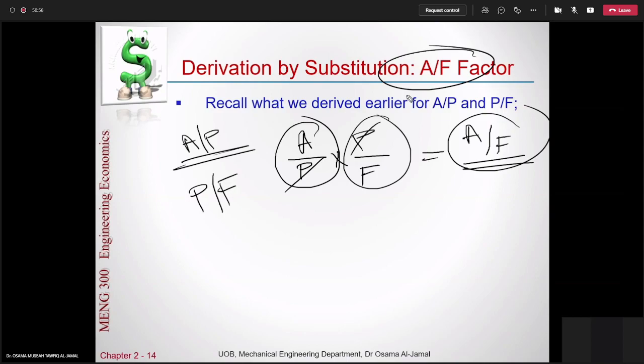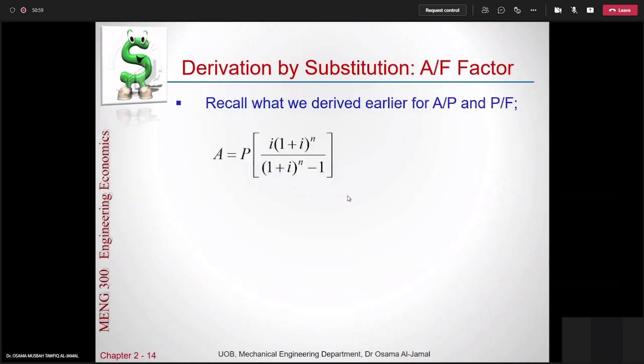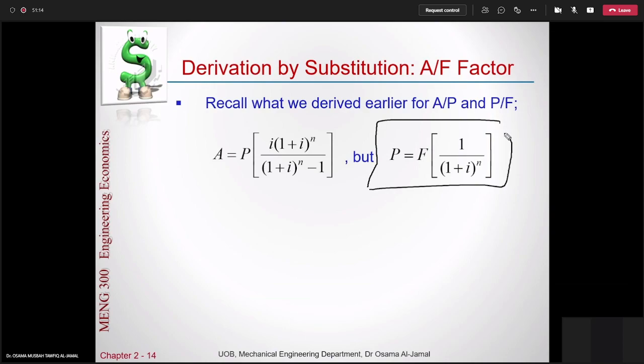In other words, we'll see the substitution of formulas. This is for A given P. Notice here that factor, and for P given F, we have another factor. Now, if you substitute this into that P, cancel those together.